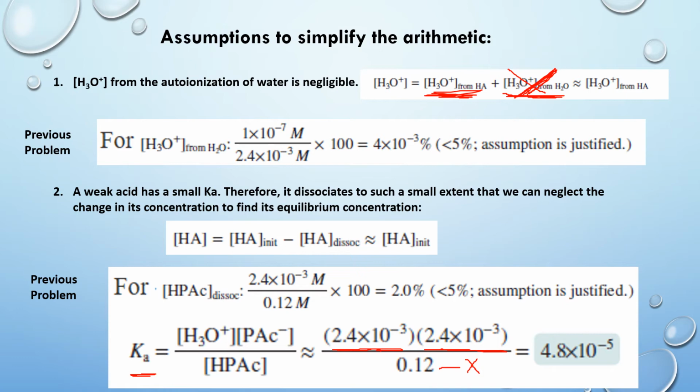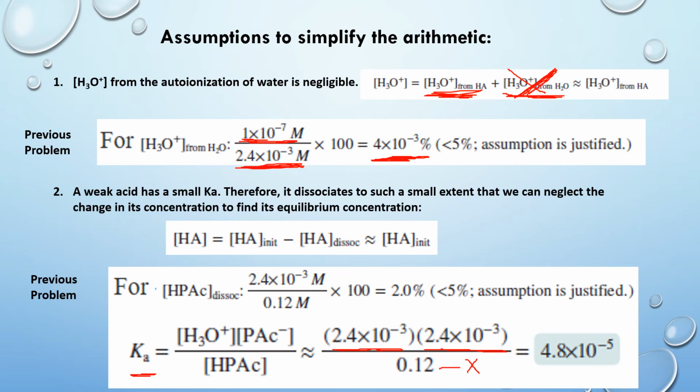Now we can justify this assumption. For neutral water, the proton concentration is 10 to the negative 7, and if we compare that to the concentration generated from the acid, which we calculated in the previous slides, the relative percentage is less than 5%.